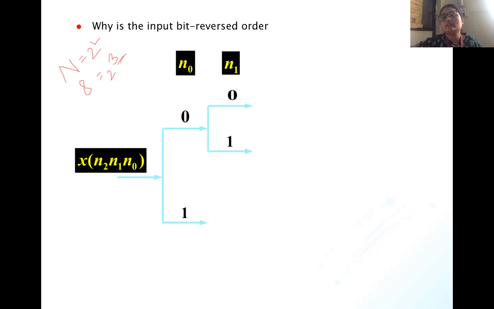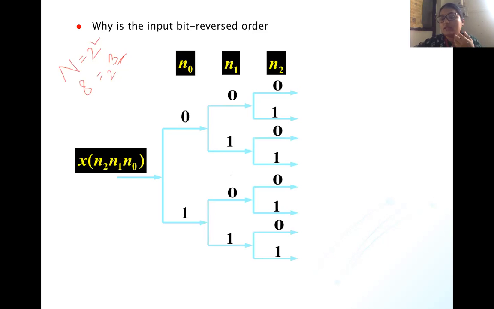Then where I have divided this, again I'm going to apply division to that part. So this is again going to be divided into 2 parts, 0 and 1. Similarly, this sequence or this part is also going to be divided further. So this is a stage 1 division. This is going to be a stage 2 division, and then there will be a stage 3 division. So in this way, 3 divisions are going to take place.